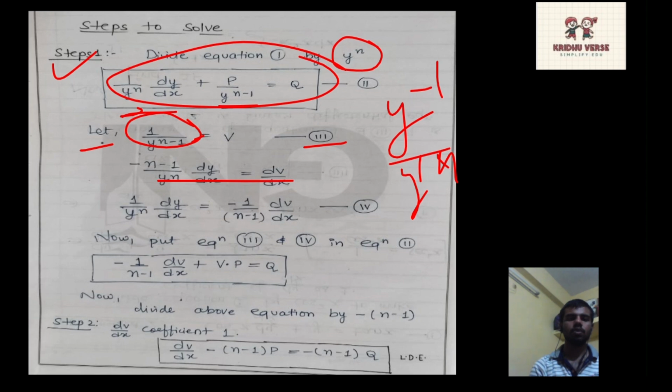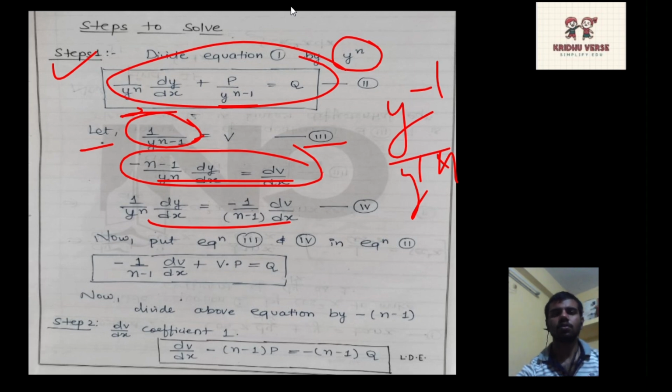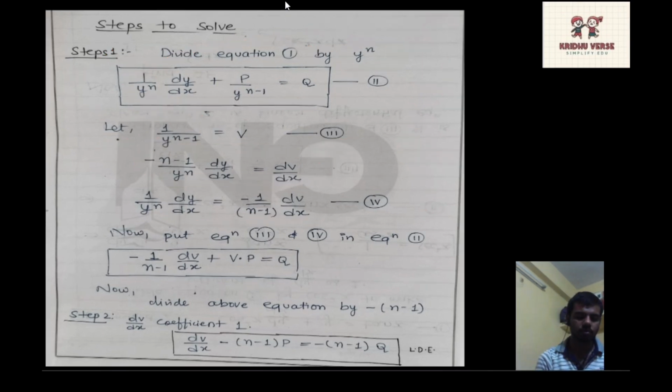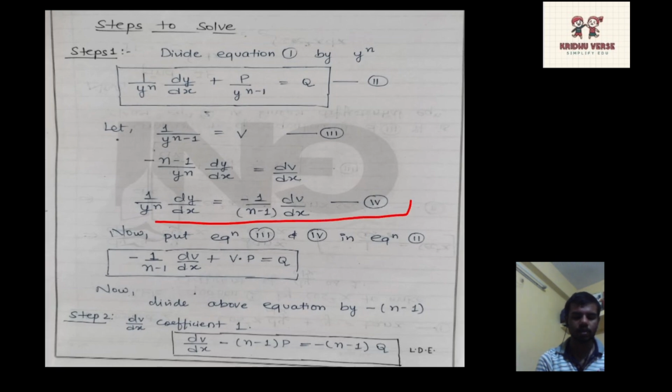Now we cross multiply: the factor minus (n minus 1) is sent to the other side, and we get 1 over y to the power n times dy over dx. That's our cross multiplication, and we keep it as equation number 4.